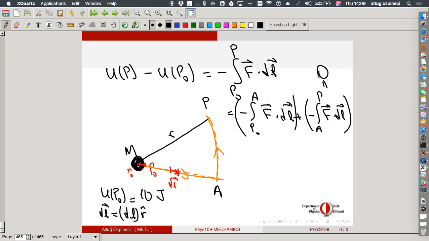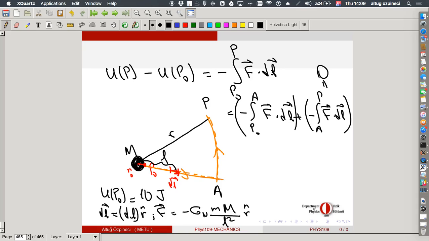Let's look at this one. I'm on this line. Let's take one particular very small step, dl. This dl has a very small length and it is in the radial direction, radially outward. This dl over here is positive.